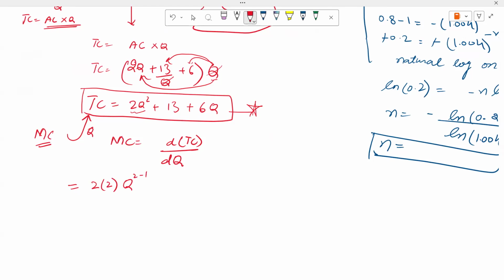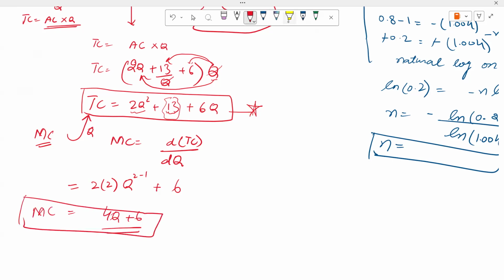Power rule, simple. The derivative of a constant is always 0, so the derivative of 13 would be 0. Plus 6Q, it would be just 6, right? So you would get 4Q plus 6. So this is the expression for the marginal cost. I hope it helps. Thank you so much.